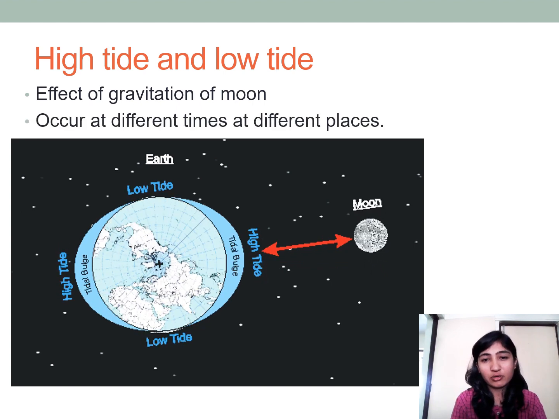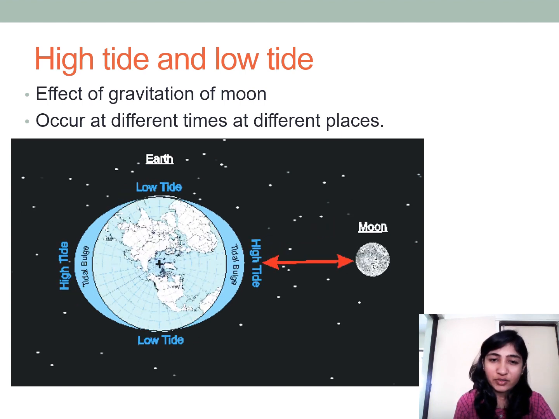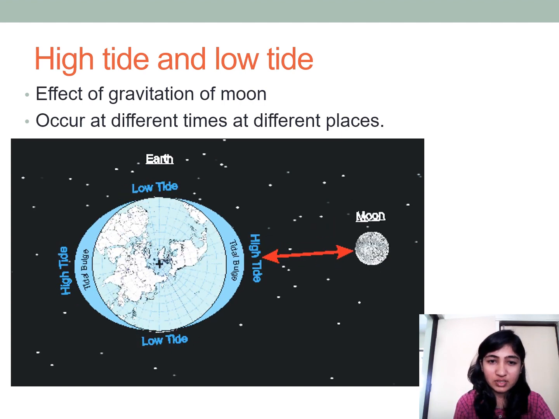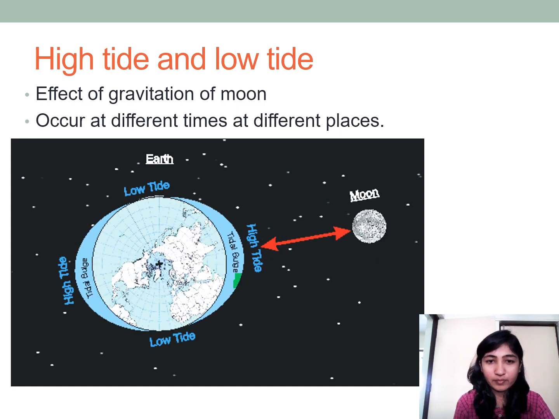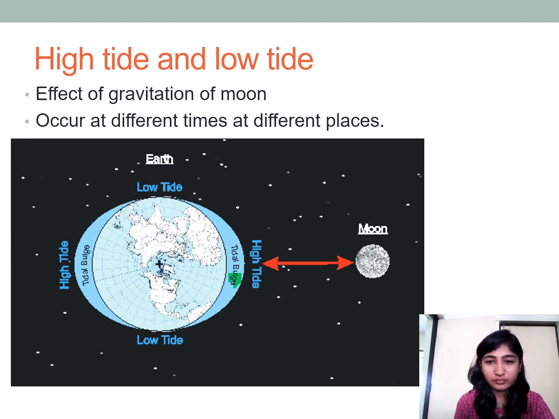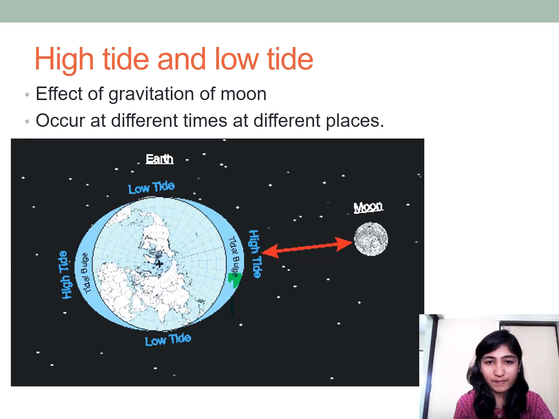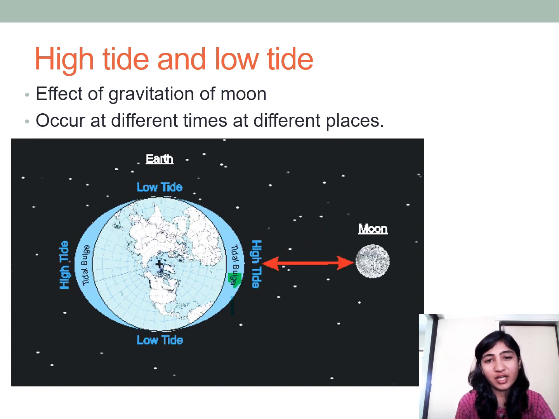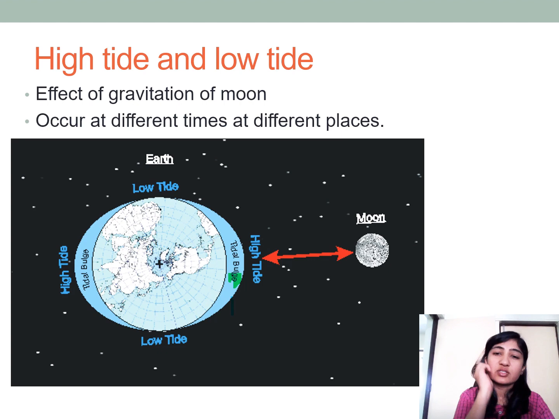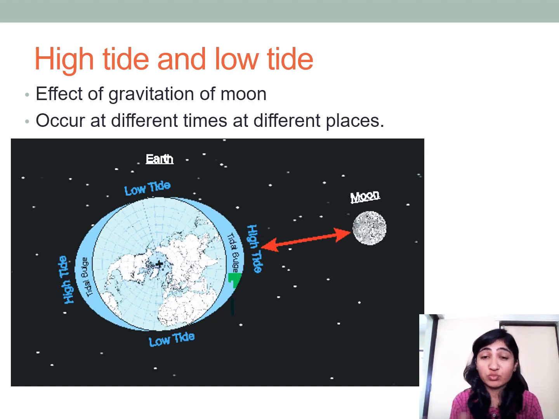And look at the animation. You can see high tide, where the water is shown by blue color here. So look here, high tide. High tide occurs because the water level is increased towards the moon.